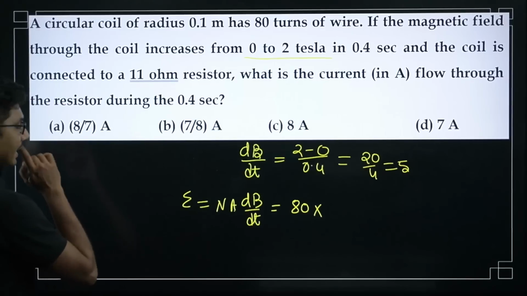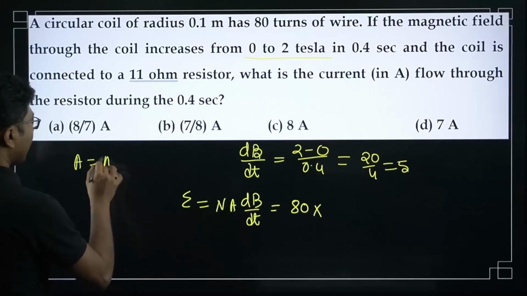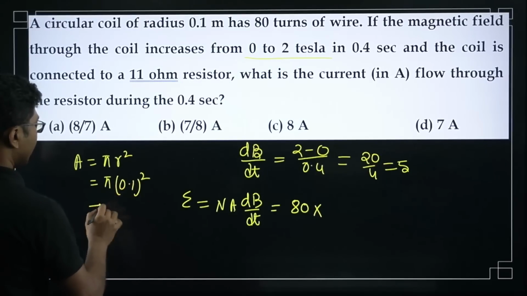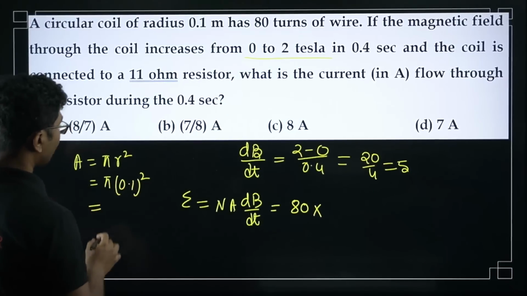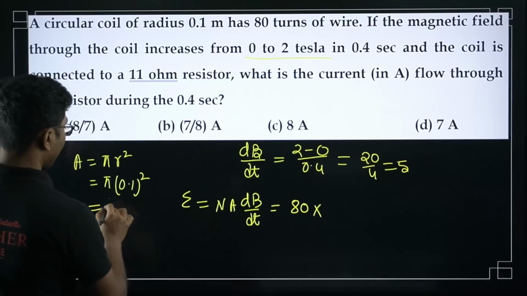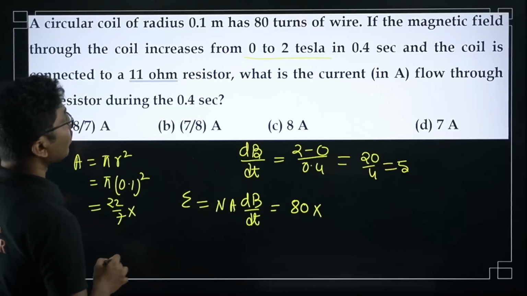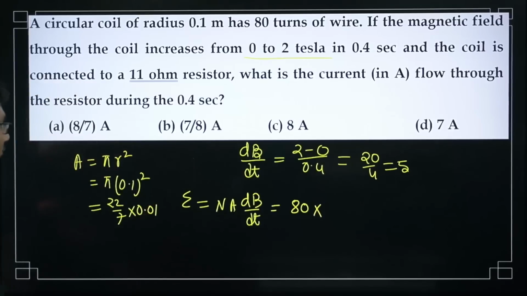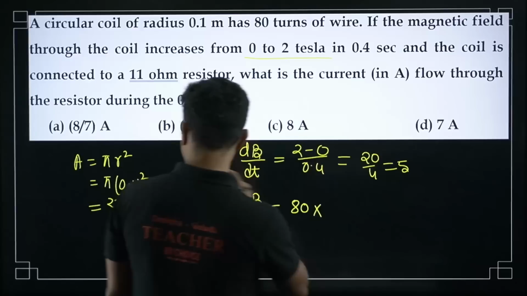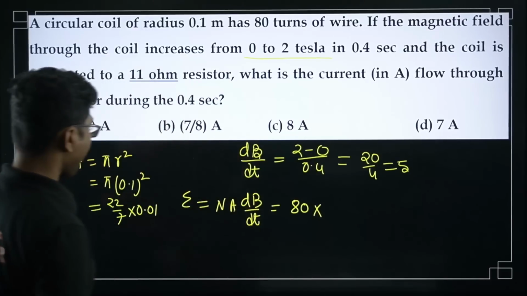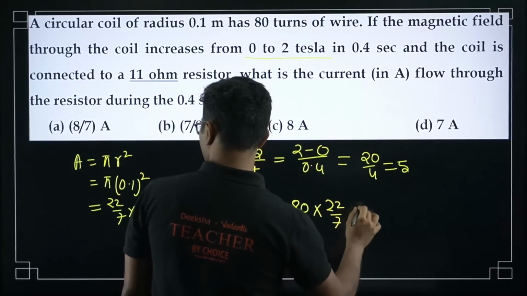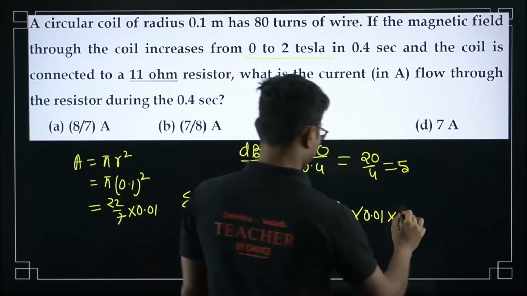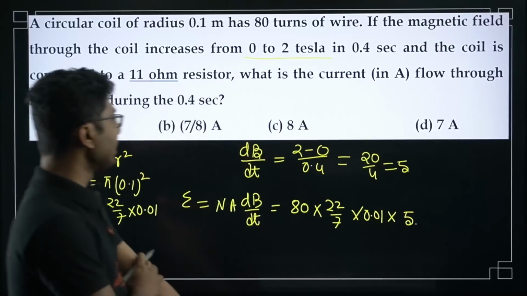So from here we say that area is pi r square, that is pi into 0.1 whole square, that is 22 by 7 into 0.1 whole square, 0.01. So from here we get this as 80 into 22 by 7 into 0.01 into dB by dt is 5. Okay, so from here we calculate the epsilon.